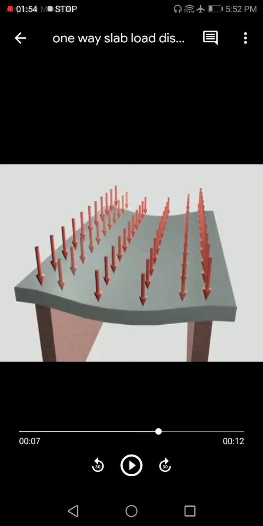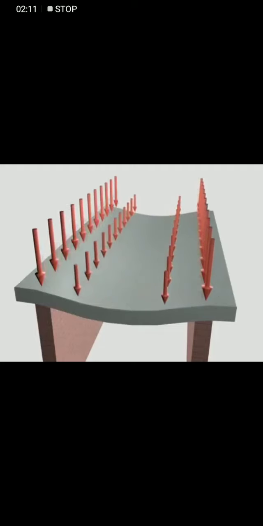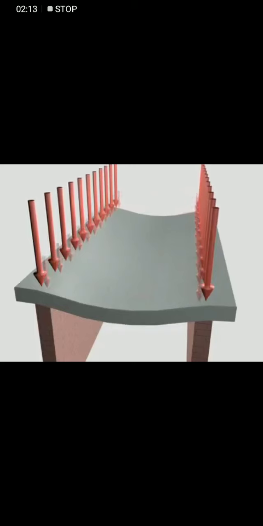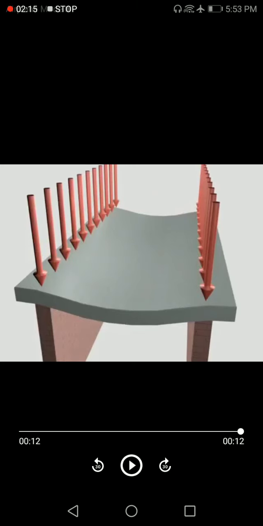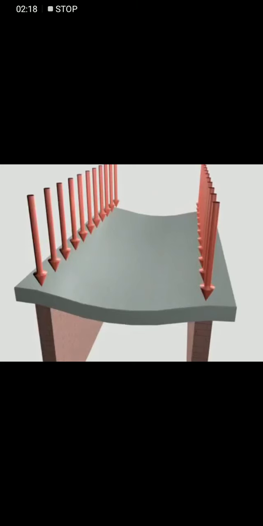The load is distributed along one direction, that is the shorter direction. Therefore we provide the main reinforcement along the shorter direction only. That reinforcement is called the main reinforcement.